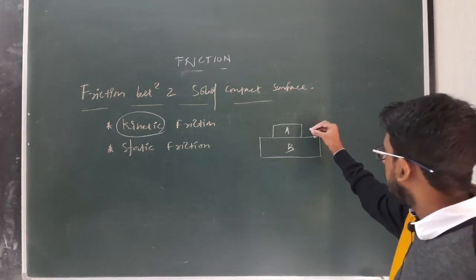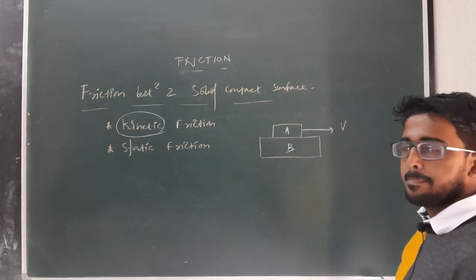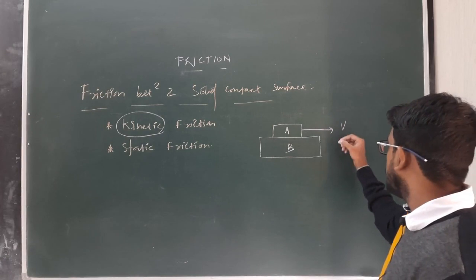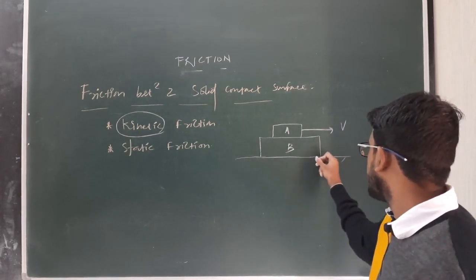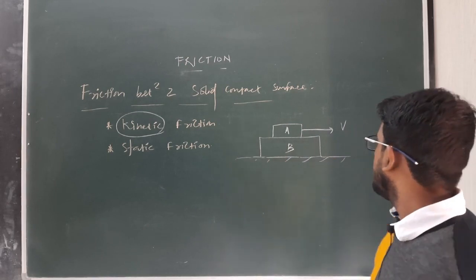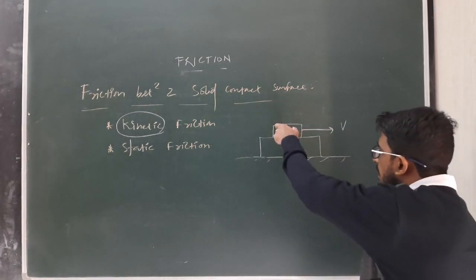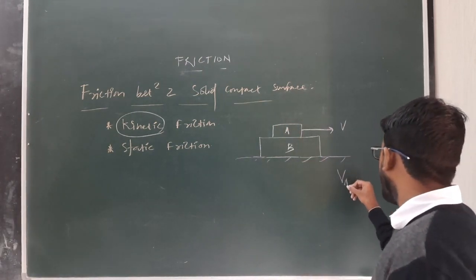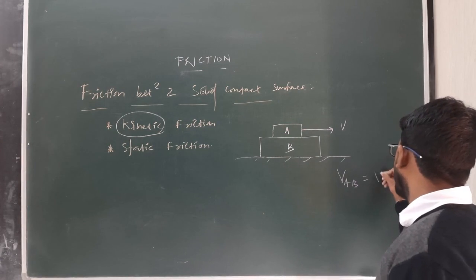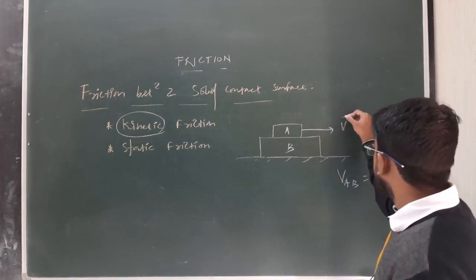So when the block A is moved along this direction with certain velocity V with respect to the block B, if the block B is on the ground surface and at rest, then there is a relative motion of A with respect to B. So we can write the relative velocity of A with respect to B is how much? V, because with respect to B, the block A is moving along this direction with V.